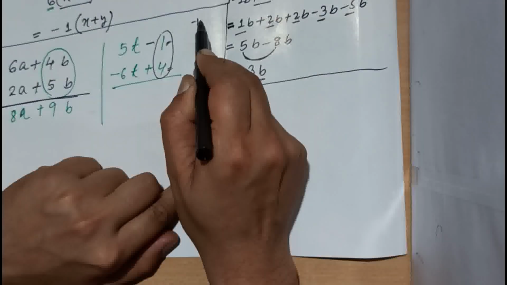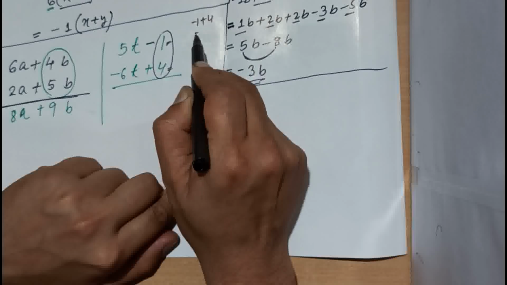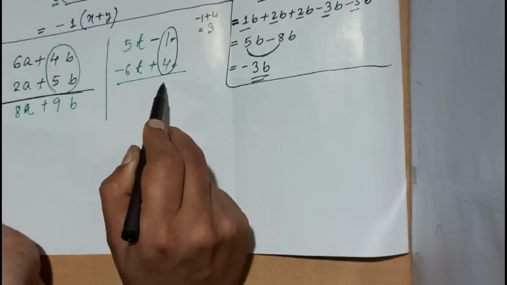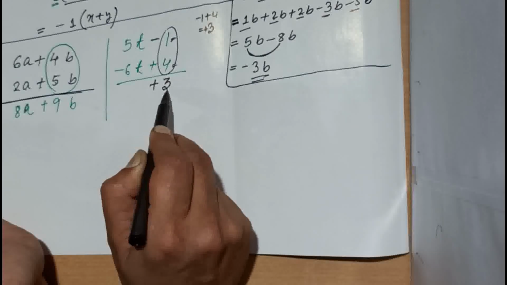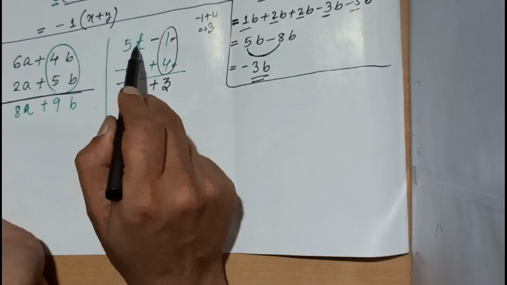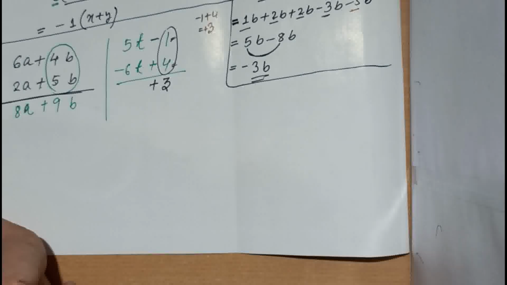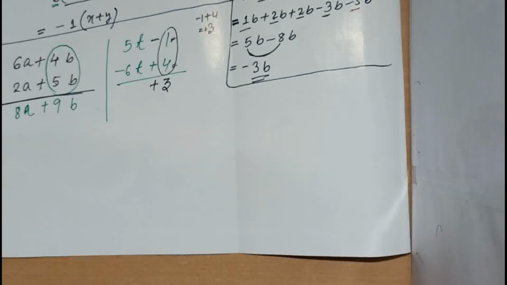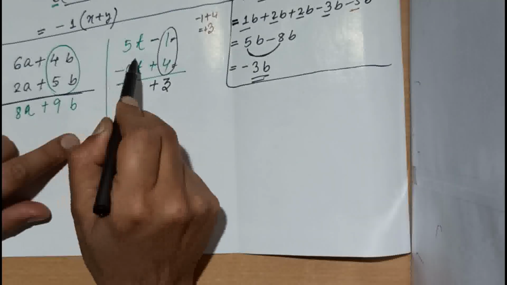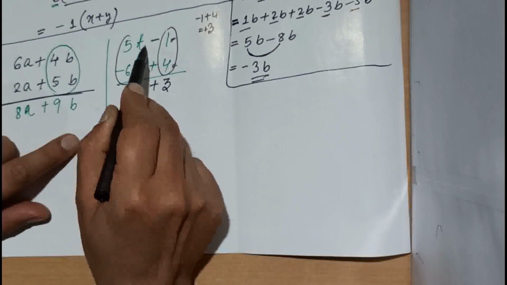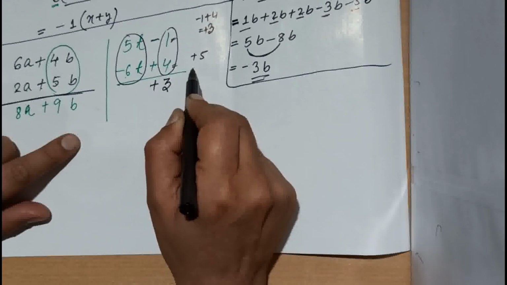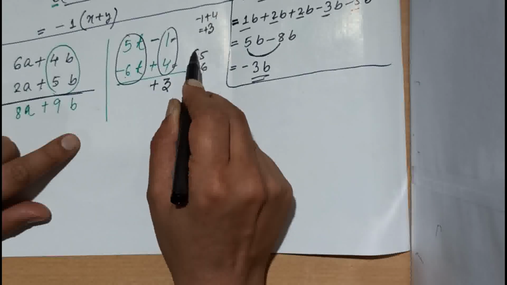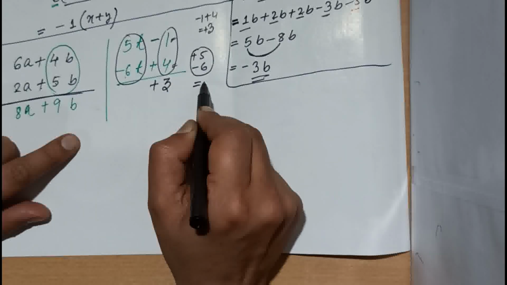Now minus 1 plus 4 will give you 3, that means positive 3. And here they are also like, so this is plus 5 and it is minus 6. This total will give you minus 1.